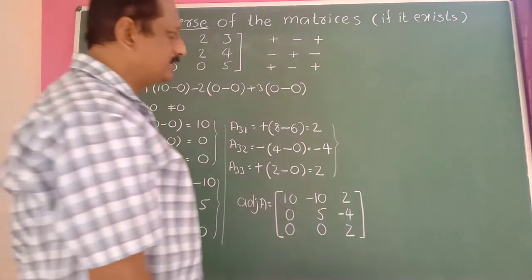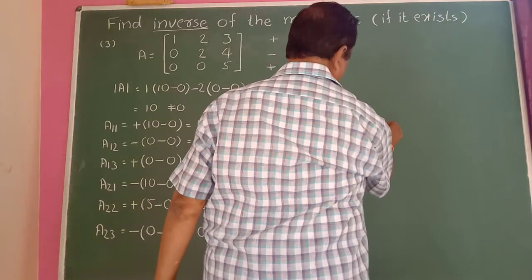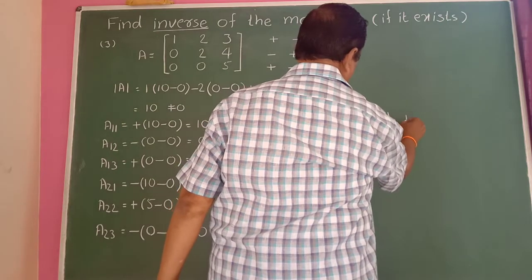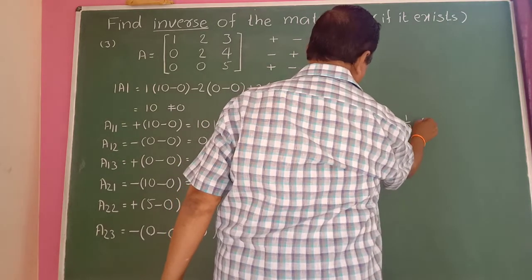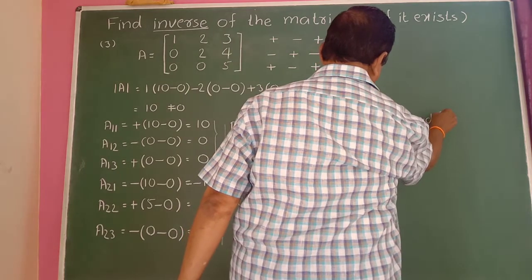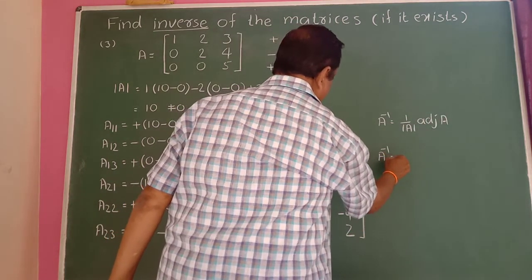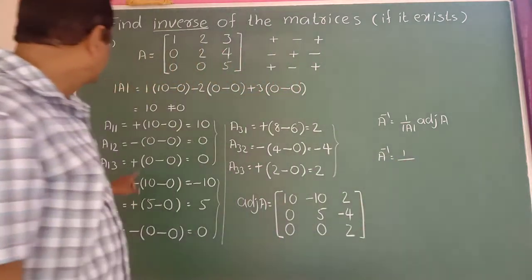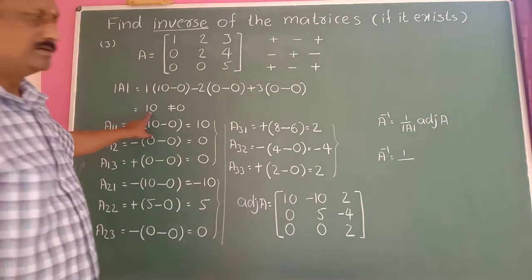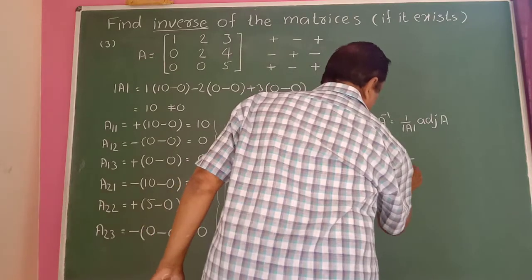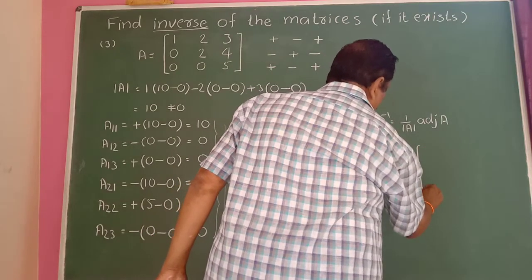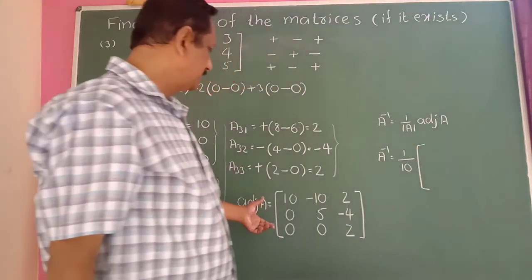Then you write A inverse. Therefore, A inverse is 1 divided by determinant of A into adjoint of A. This is the formula here. Hence, A inverse is equal to 1 upon determinant of A, value is 10. So write here 10 in the denominator into the adjoint of the matrix here.